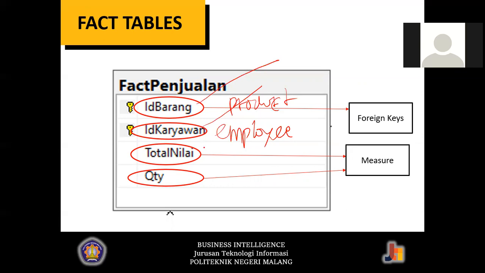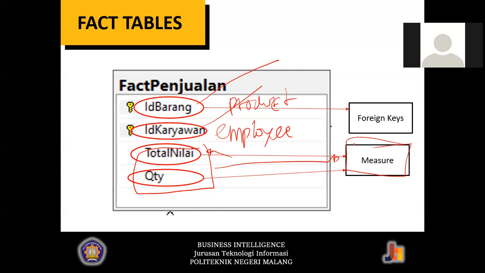And also it will consist of measurement columns. The first measurement will stand for the total sales or total value or total price or some other, and the other will stand for the quantity or the amount or the number of products sold.